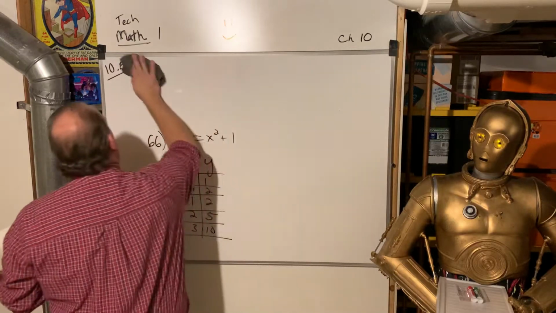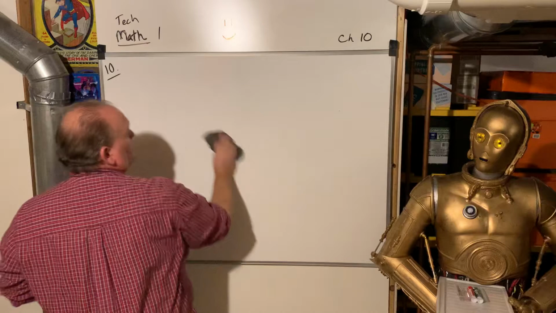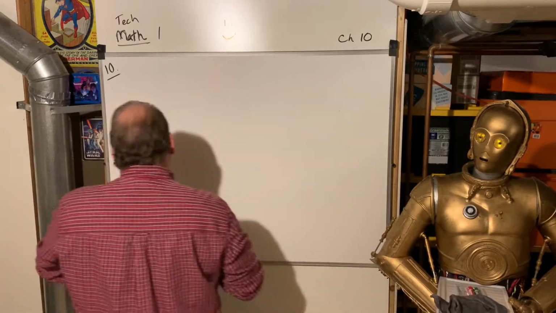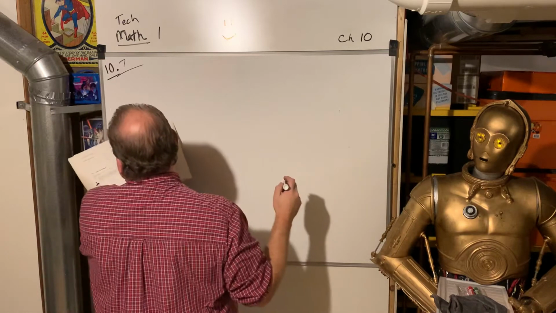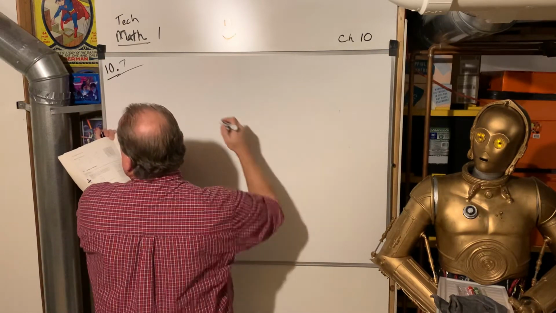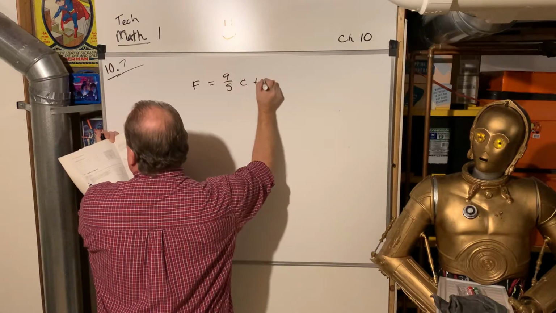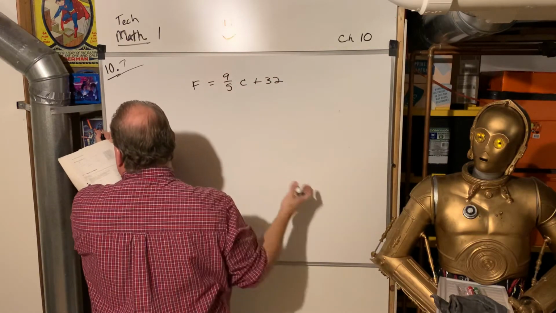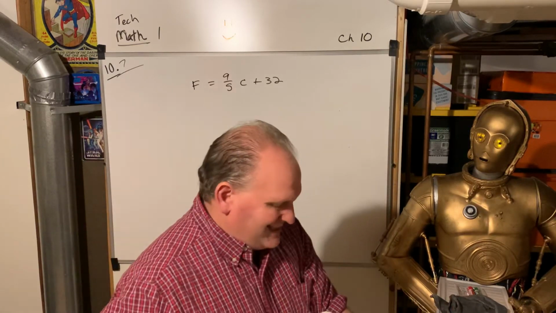Let's take a look at 10.7. So 10.7, they've got F = 9/5 C + 32, and they graphed it. This is Fahrenheit compared to Celsius.